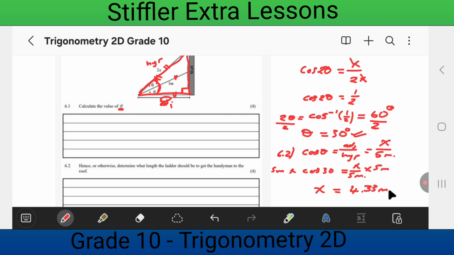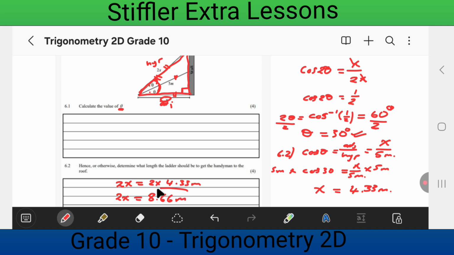4.33 meters. But now we need the value of 2x and not the value of x. So it means that our 2x will be equivalent to 2 multiplied by 4.33 meters, which our 2x will be equivalent to 8.66 meters.